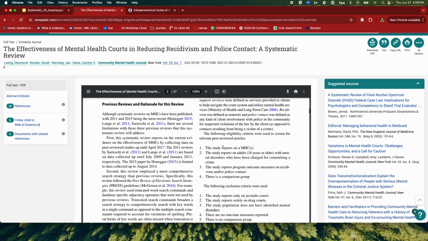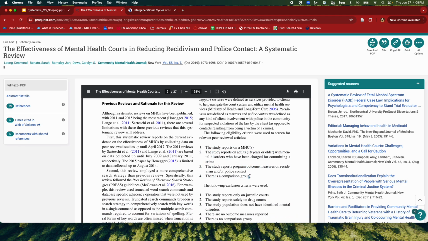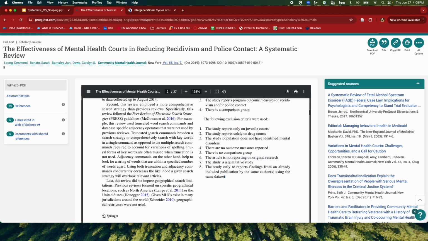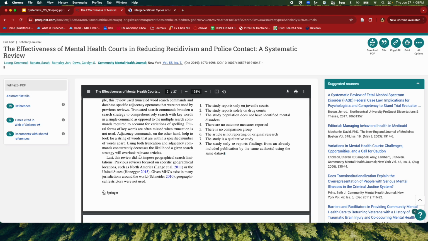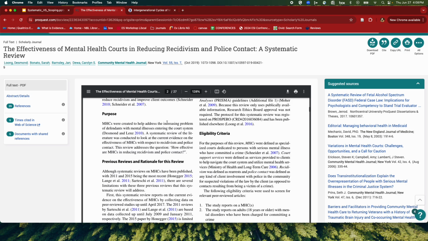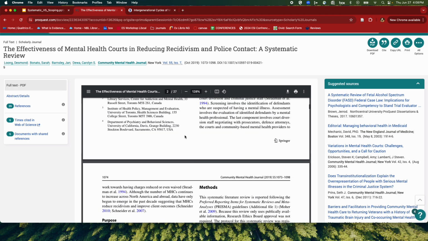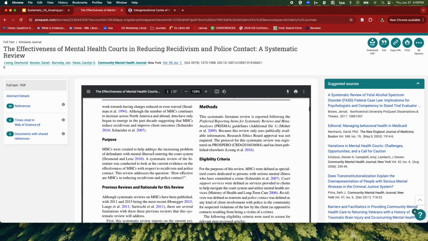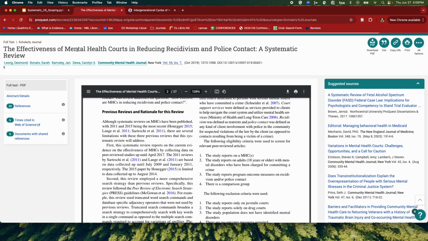So we see very clear eligibility criteria, along with very clear purpose and a justification. This is very specific: mental health courts, reducing recidivism and police contact. And we're talking about effectiveness of that intervention.